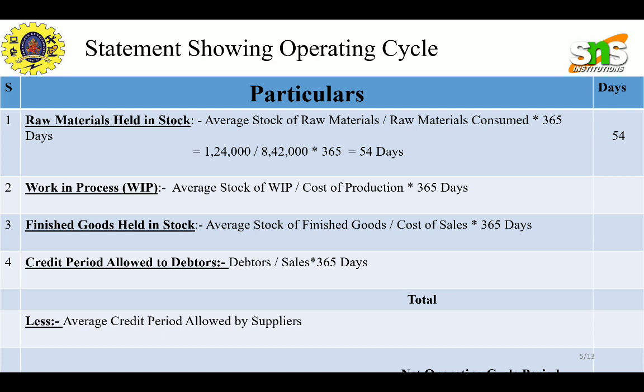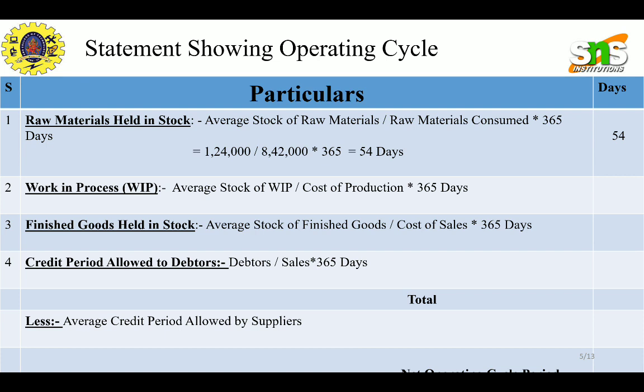Then we go for the work in progress. Work in progress is equal to average stock of work in progress divided by cost of production into 365 days.